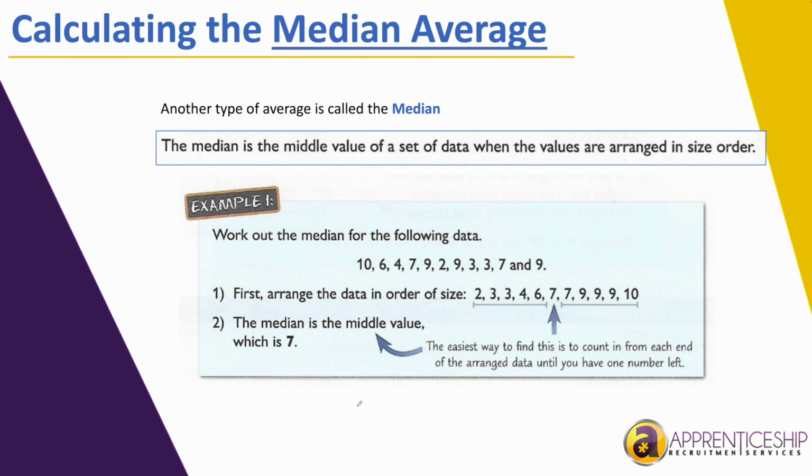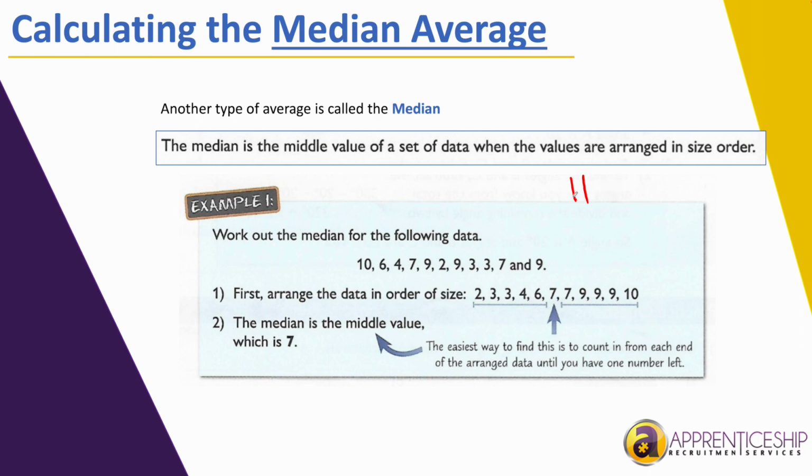Nice and straightforward. Now we're looking at the median. So the median is the middle number when you put the data into order. So here we've got a set of data. They've popped it into order for us. There is a way of working out which number it is, and I'll show you both methods. So here, we've got 1, 2, 3, 4, 5, 6, 7, 8, 9, 10, 11 sets of data.